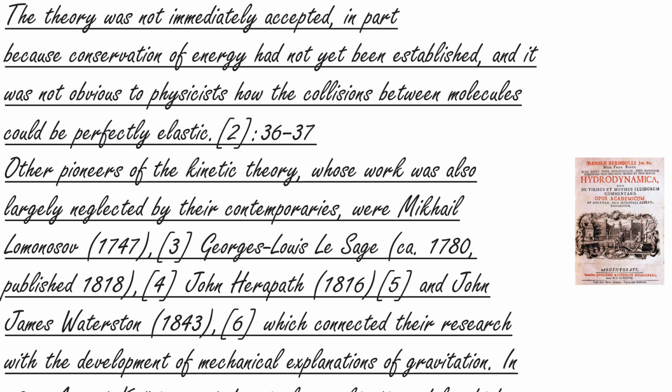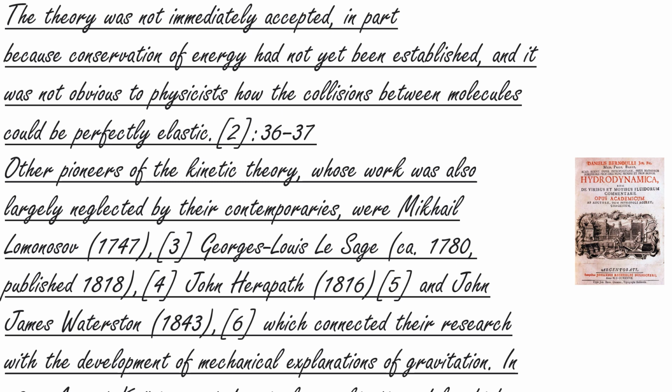Also, because the conservation of energy had not yet been established, it was not obvious to physicists how the collisions between molecules could be perfectly elastic. To have a detailed lecture on elastic and inelastic collisions, you can check the description.